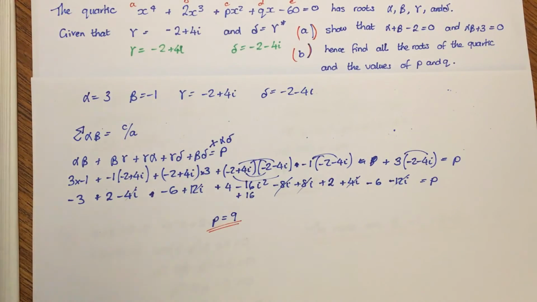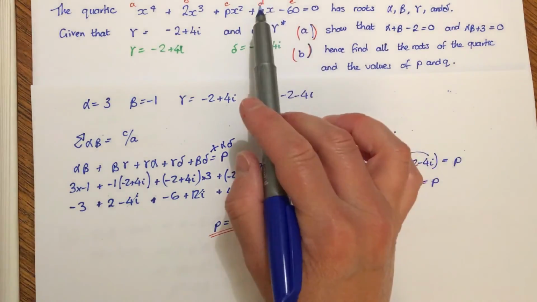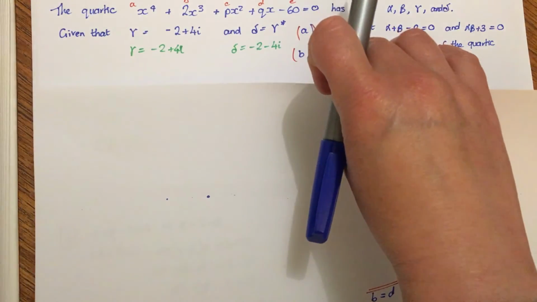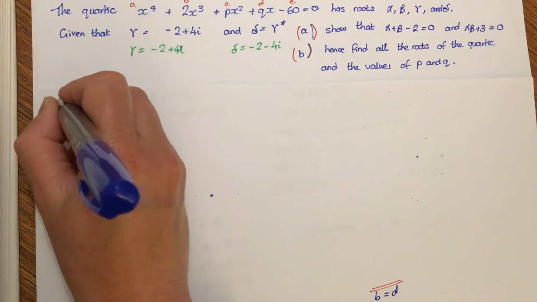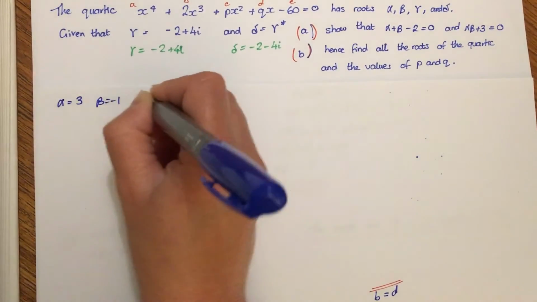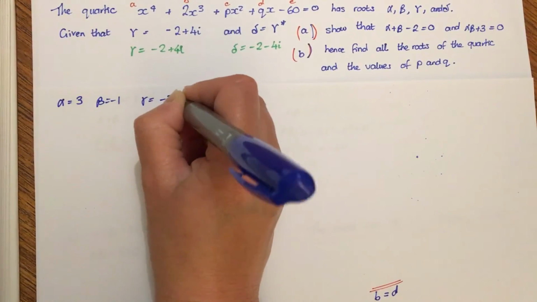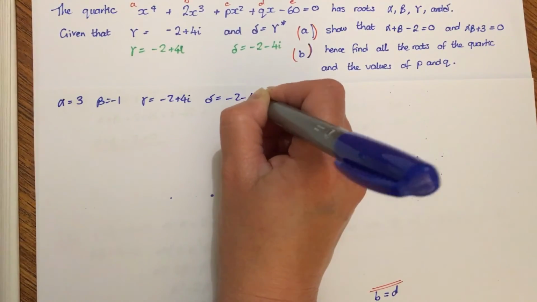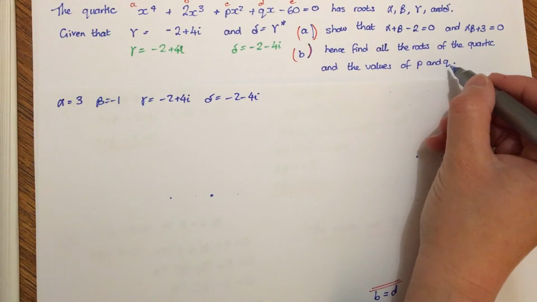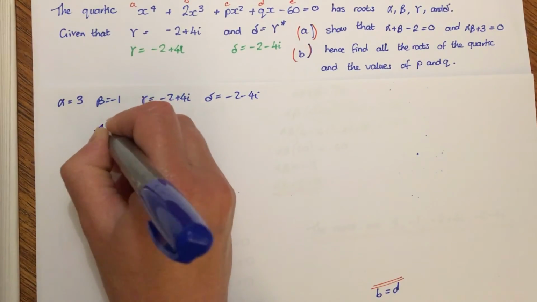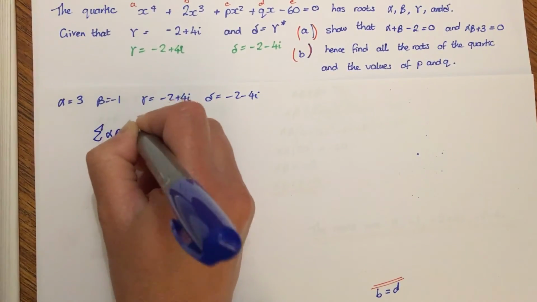And then we're going to do exactly the same for Q, except Q is the term involving D. So I still know that alpha is 3, beta is minus 1, gamma is minus 2 plus 4i, delta is minus 2 minus 4i, and for Q, which is the term involving D, I know I'm looking at the sum of the alpha beta gammas.